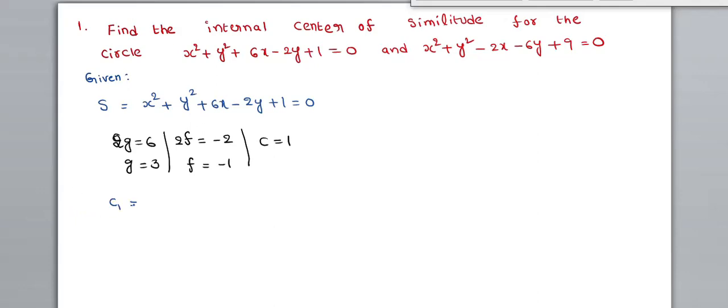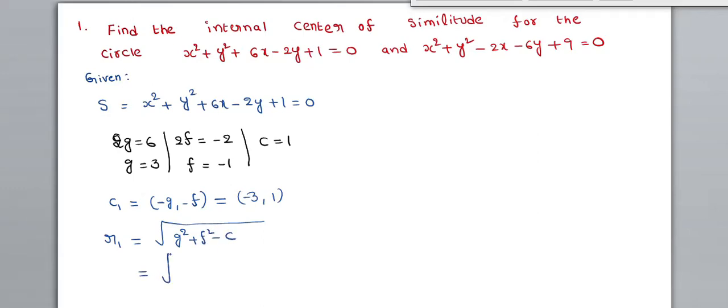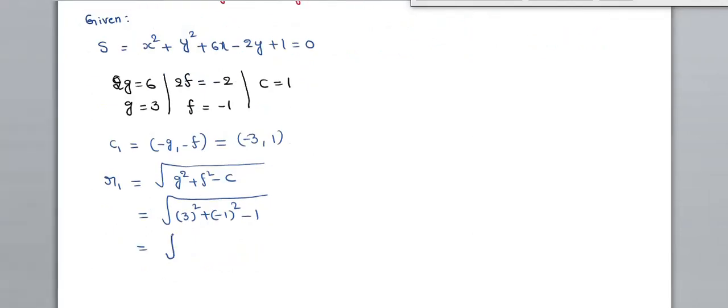Center is minus g comma minus f, that is minus 3 comma 1. Radius is square root of g square plus f square minus c, square root of 3 square plus minus 1 whole square minus 1. So 9 plus 1 minus 1, that is 9, square root of 9. The R1 value is 3.